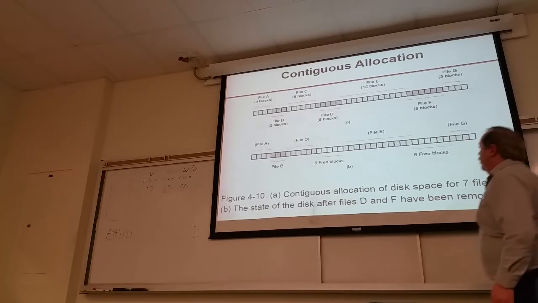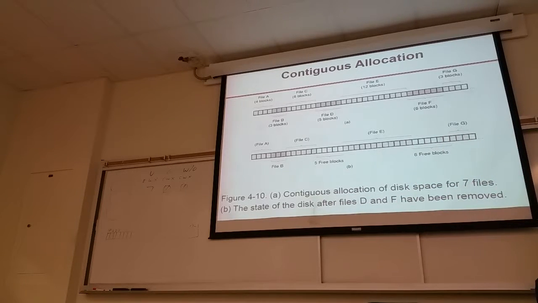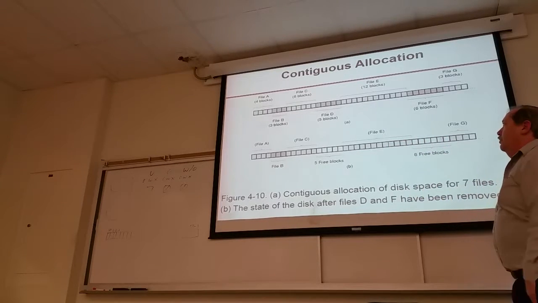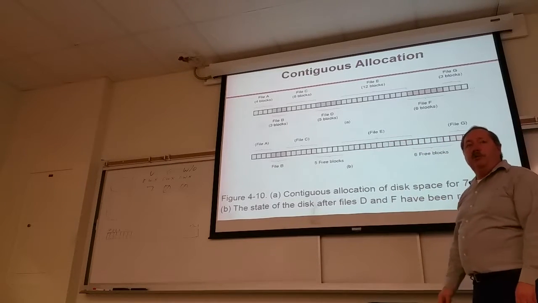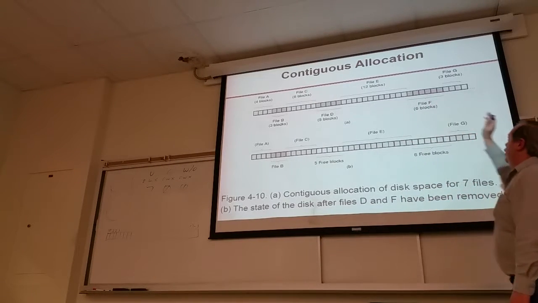One of the ways is we can just make sure that all of our files are contiguously allocated. So I create a file and I need 3 blocks, or 4 blocks. Then I create file A with 4 blocks. Next file I need to create is B with 3 blocks. I create one with 3 blocks, 6 blocks, 5 blocks, and so on.